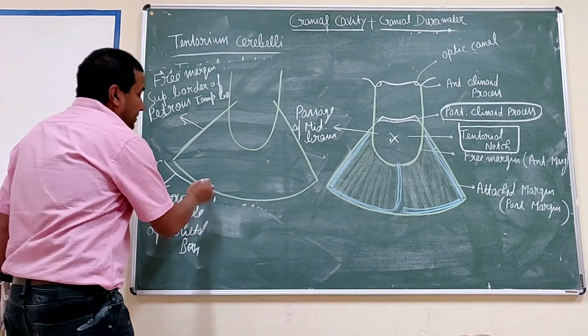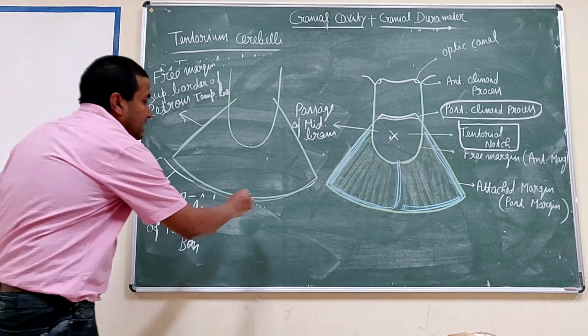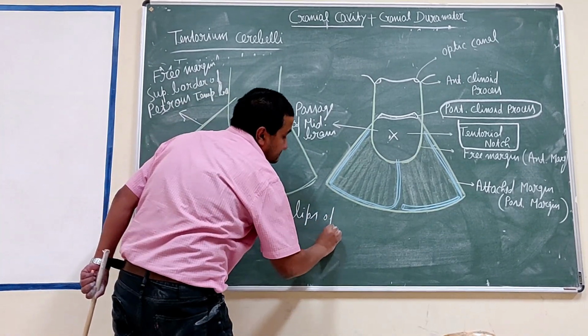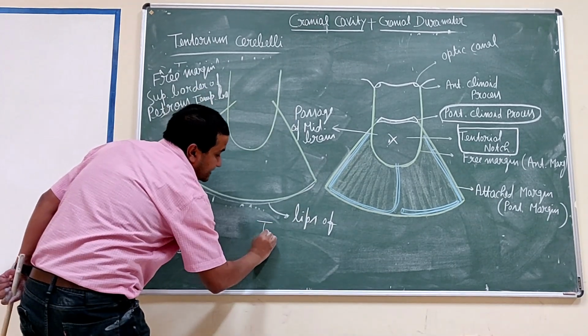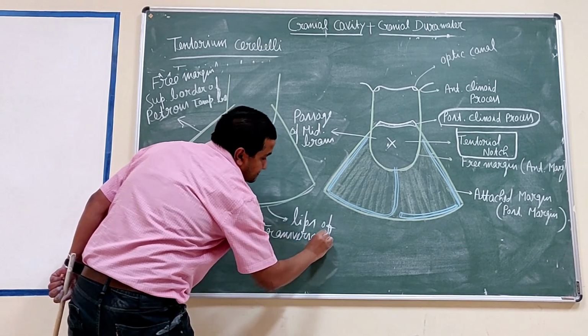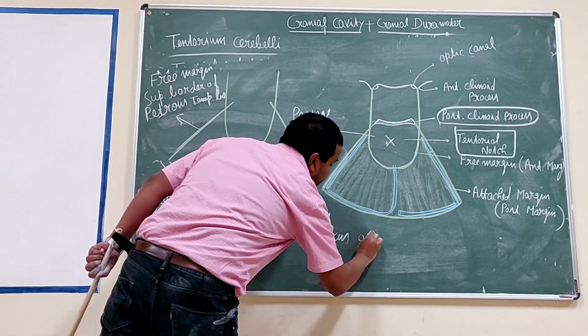Now this posterior part is attached to the lips of the transverse sulcus of the occipital bone.